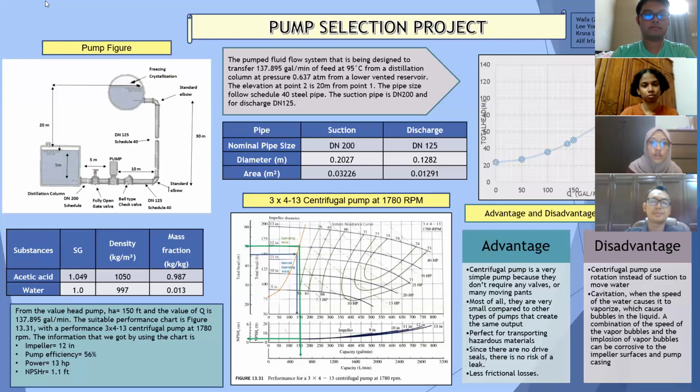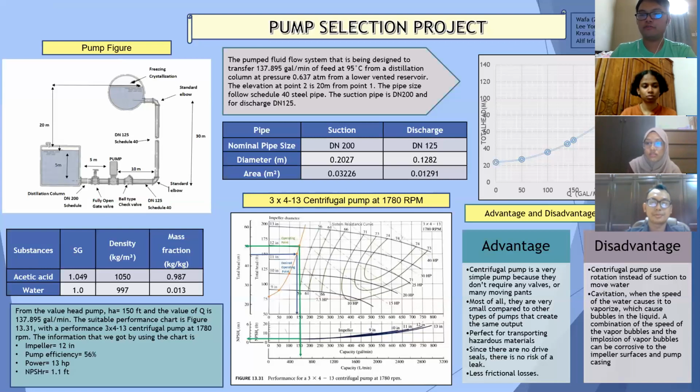So we got Q, the volume flow rate, as 137.895 gallon per minute. The elevation from the fluid in the distillation up until the freezing crystallization is 20 meters. Now I'm going to pass to my next presenter.